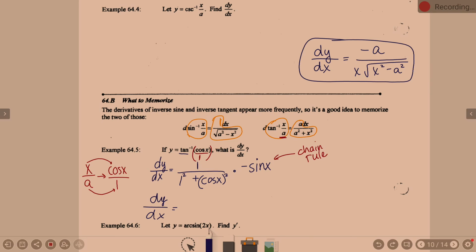I will say this negative sine x can be multiplied and put in the numerator. So I'm going to say negative sine x over 1 squared is 1 plus, and I'm going to write this as I should have to begin with, cosine squared x. And since I don't have anything else I can do with that, I'm going to leave it as is.